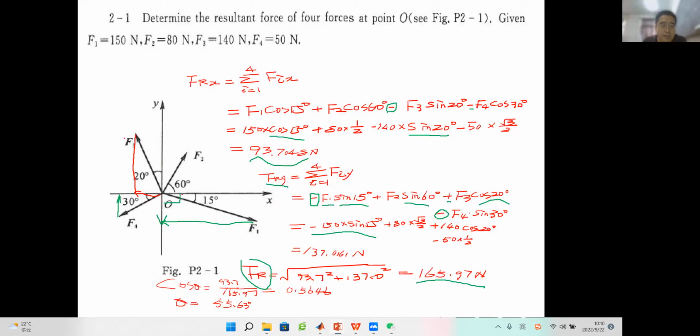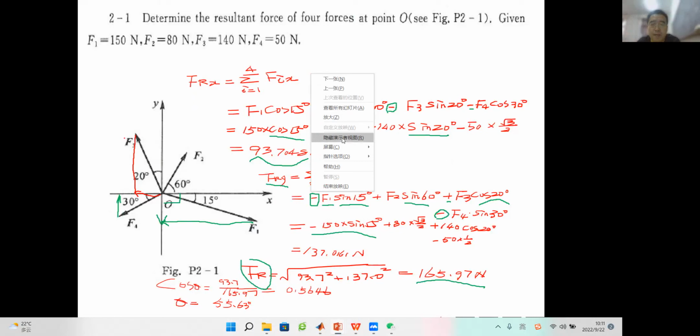We know their orientations already. So when we do our projection, the only important thing you should pay attention to is the direction.